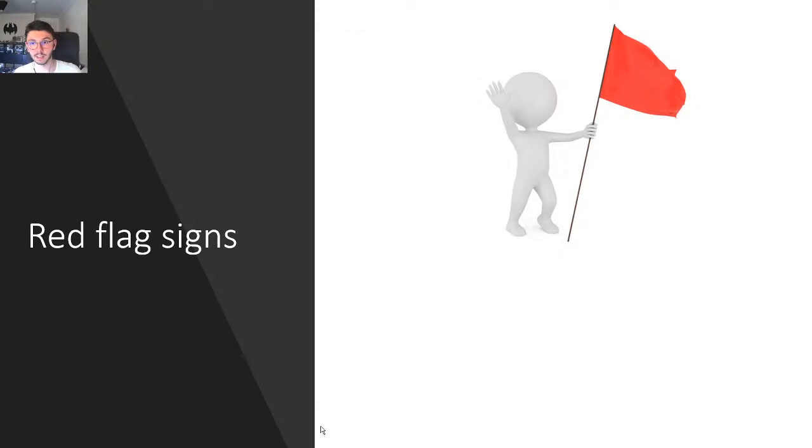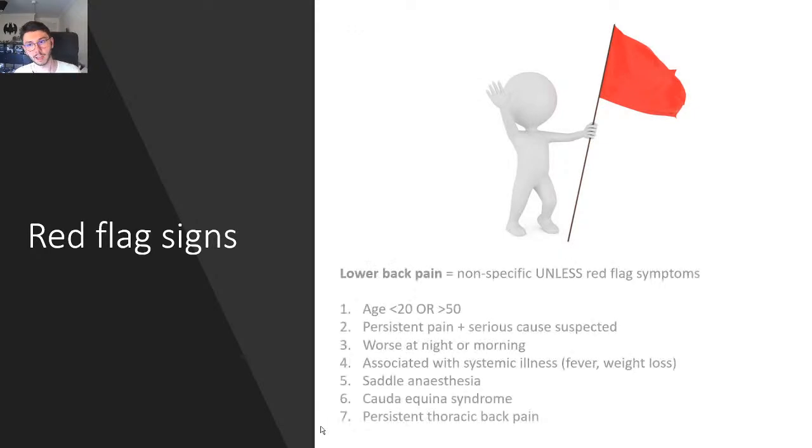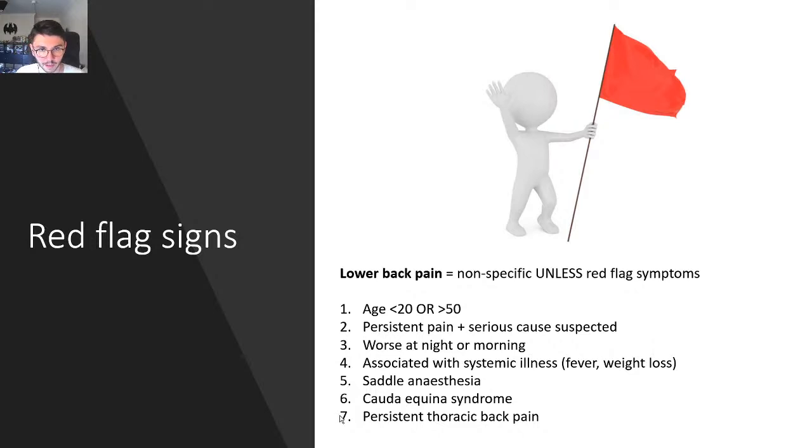So red flag signs. So lower back pain is non-specific unless these things. So if you have a patient who's younger than 20, so like a child, or over 50. Now, people between ages 20 to 50 are likely to have mechanical back pain, and you just give analgesics and they'll feel better. You can also have, if there's persistent pain, a serious cause, so you could see a fracture.